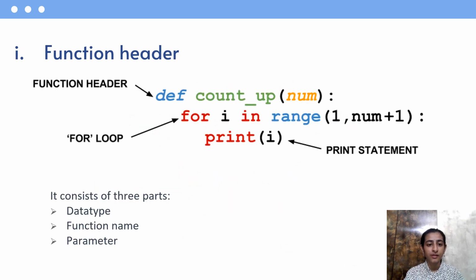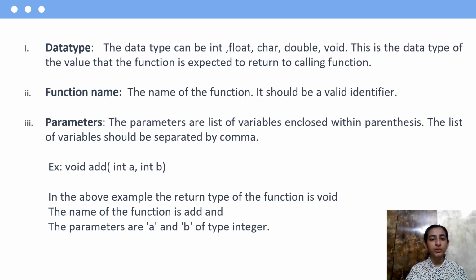Function header. Function header consists of three parts: data type, function name, and parameter. Now let us get to know these in detail. Data type. The data type can be int, float, char, double, and void. This is the data type of the value that the function is expected to return to the calling function. Function name.